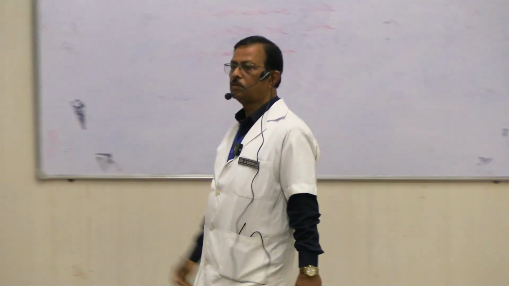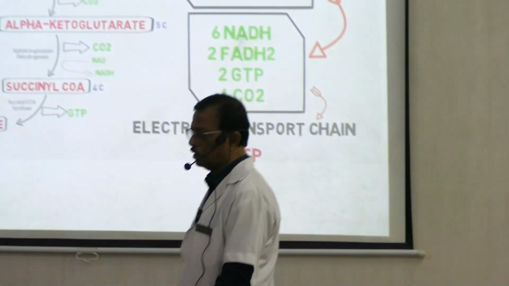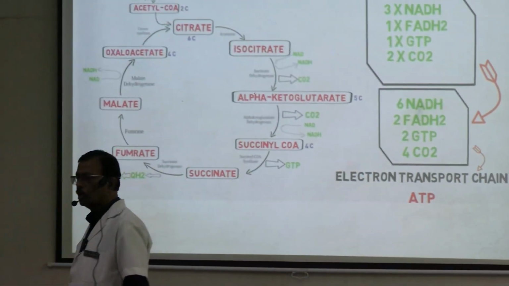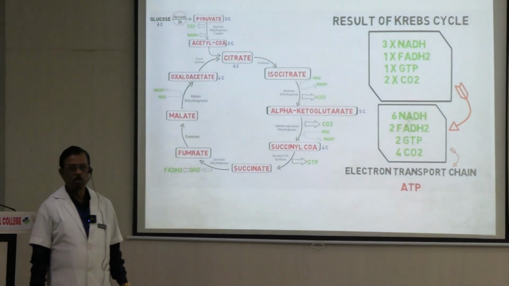So these are the 3 enzymes for alpha-ketoglutarate dehydrogenase. They give alpha-ketoglutarate dehydrogenase as a short note.